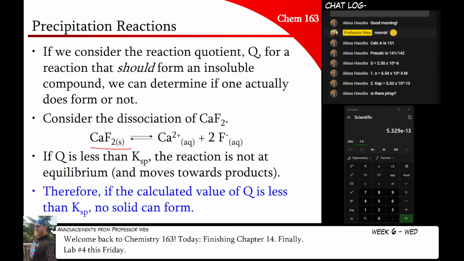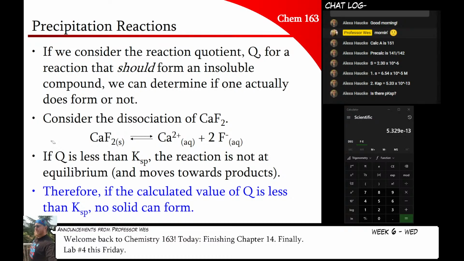Now, if Q is less than Ksp, then the reaction will act as if, oh, there's not enough products in the solution, I'm going to move towards the right. And if that's the case, your reaction will try to dissolve more things, unless there aren't any things to dissolve there.